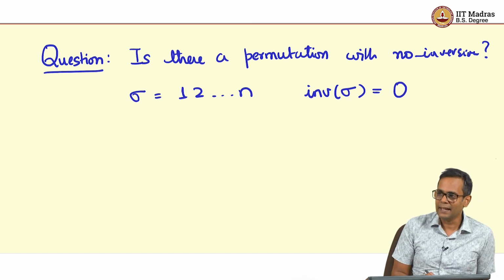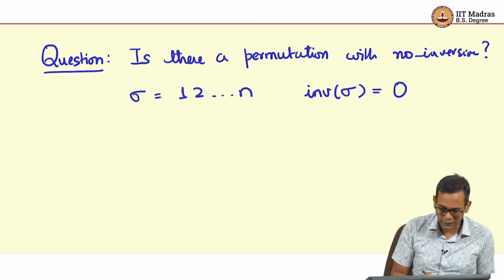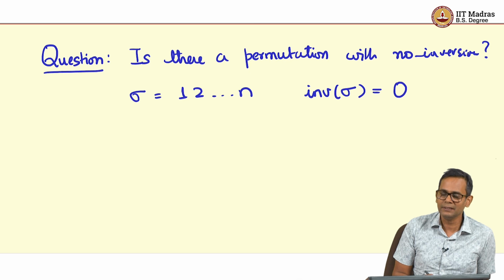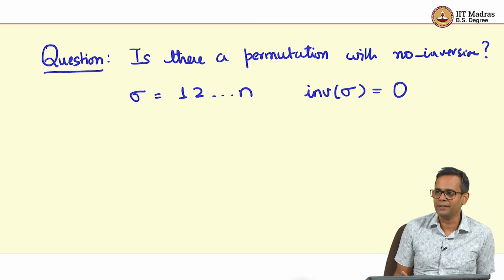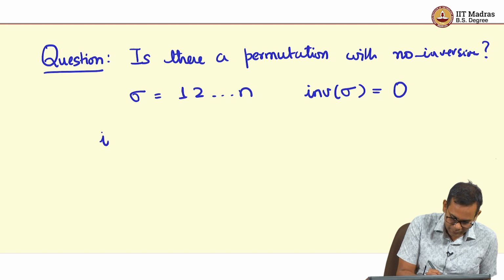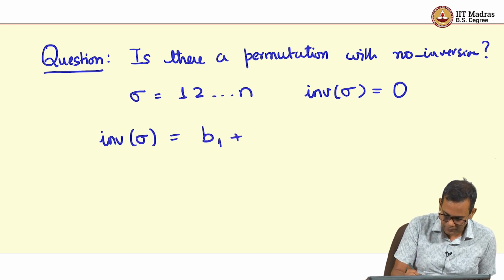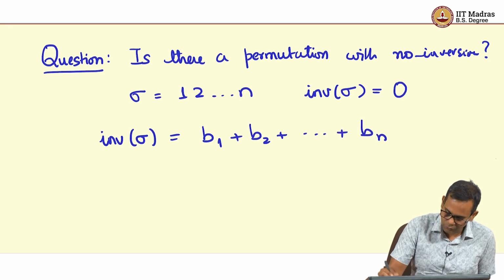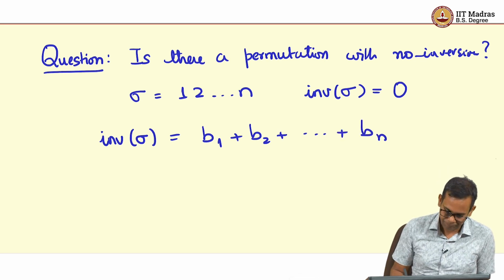Is there anything else? Well, for this we can use the inversion table if you wish. If it has no inversions, then its inversion table must be all zeros, because the inversion number is the sum of the entries in the inversion table. Remember, inversions of sigma equals B1 plus B2 and so on. Every inversion is counted by one of the Bjs.